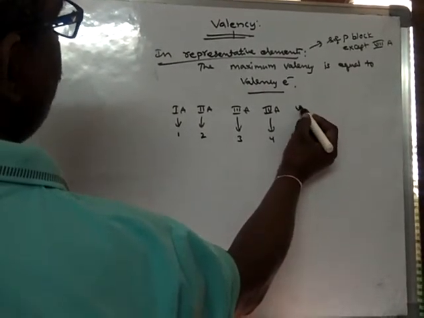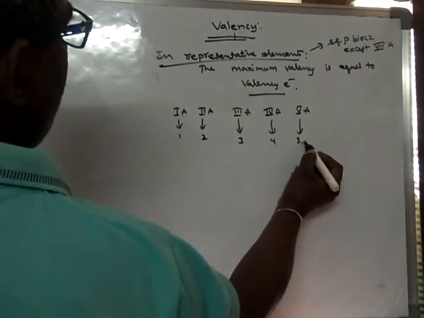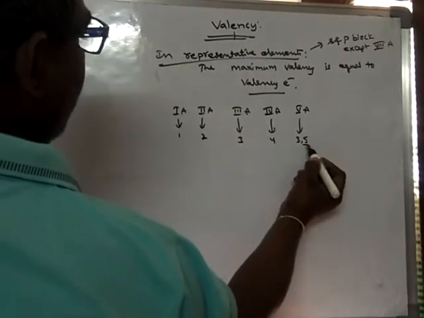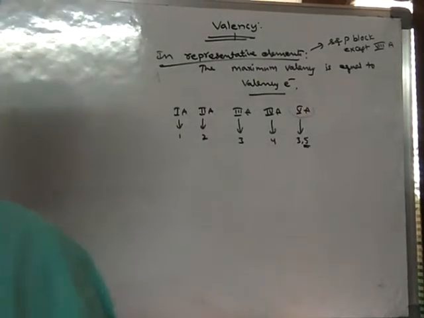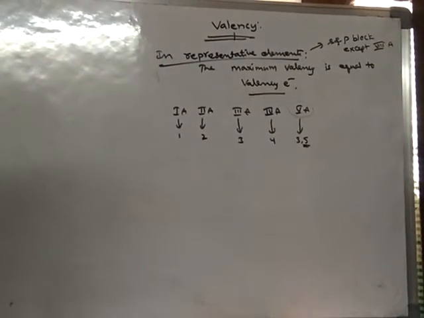Fifth A valence is 3 and 5. So the maximum valence of the fifth A group is 5.